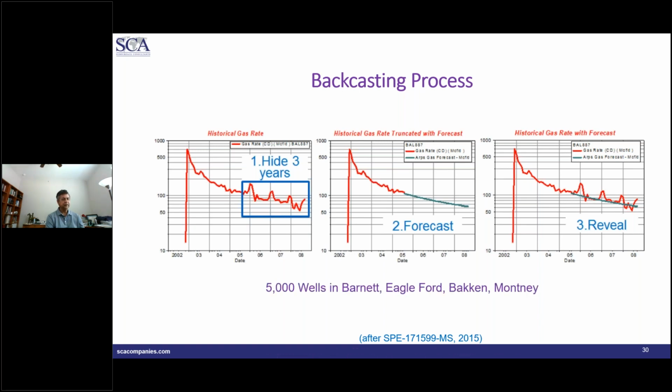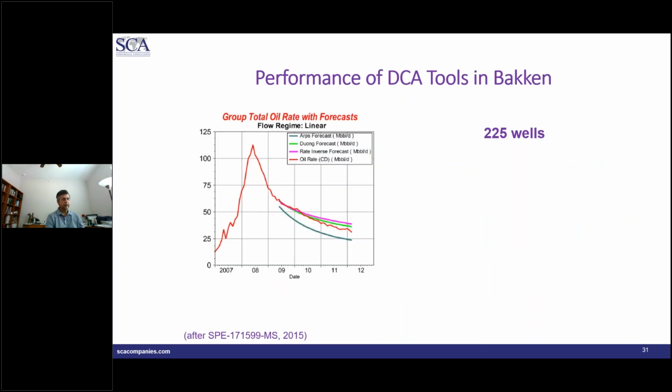So this study pursued many wells, as you can tell, in multiple basins. And here's one example. As you can see, for some reason, Arps was on the pessimistic side here. The Duong is there.